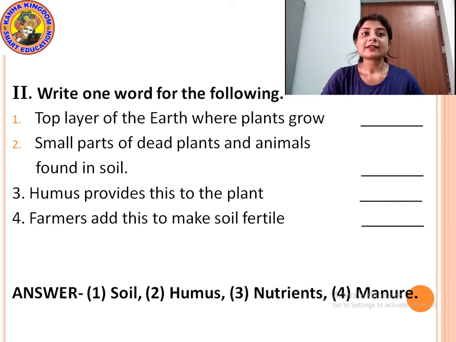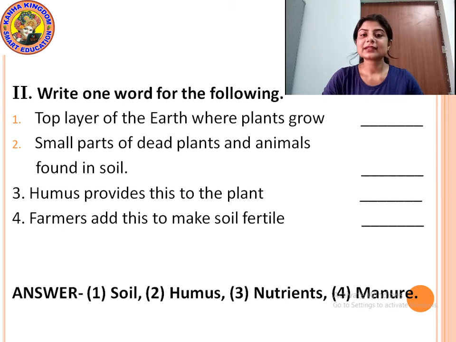Number 2, small parts of dead plants and animals found in soil. What are the small parts of dead plants and animals that we find in the soil? It is humus. H-U-M-U-S, humus.